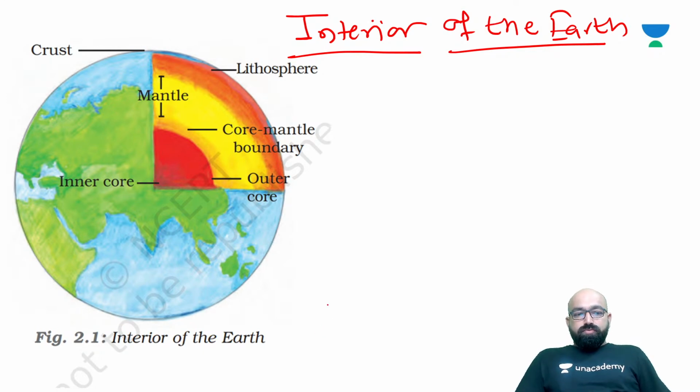Now, when we are talking about the interior of the earth, which is made up of several concrete layers one inside another, this figure shows it. The uppermost layer of the earth's surface is called the crust.